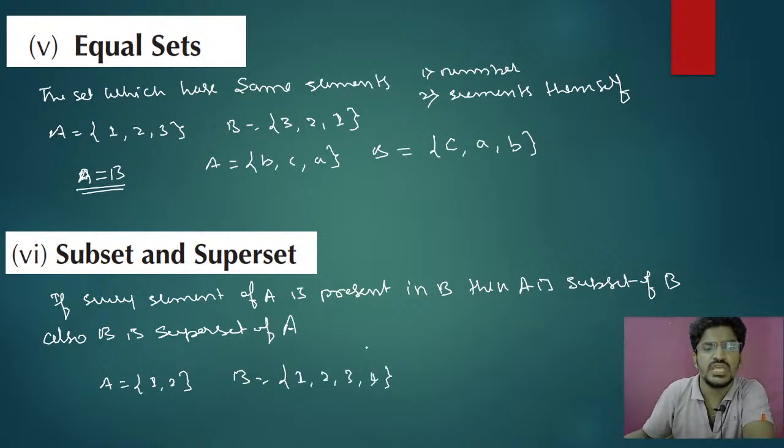So see, every element of A is present in B. That means A is a subset of B. In the same way, B is called a superset of A.